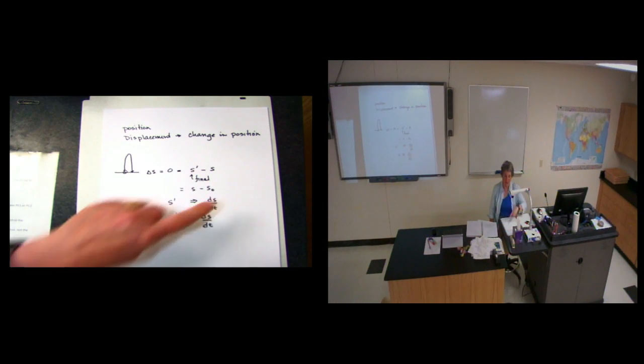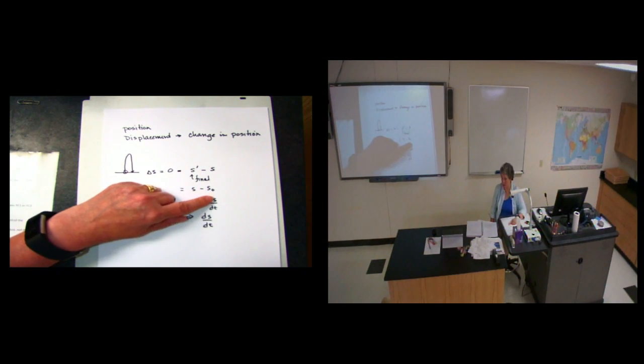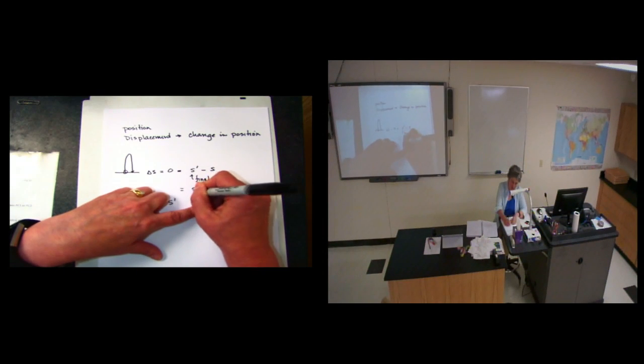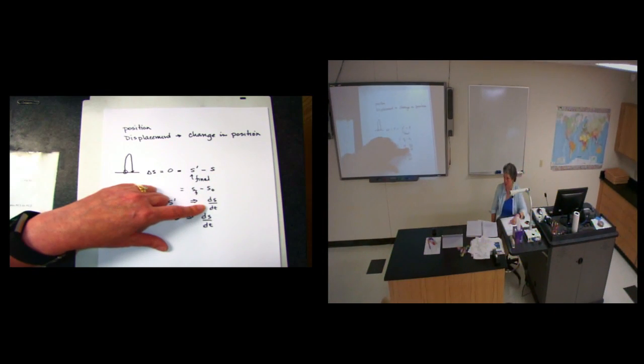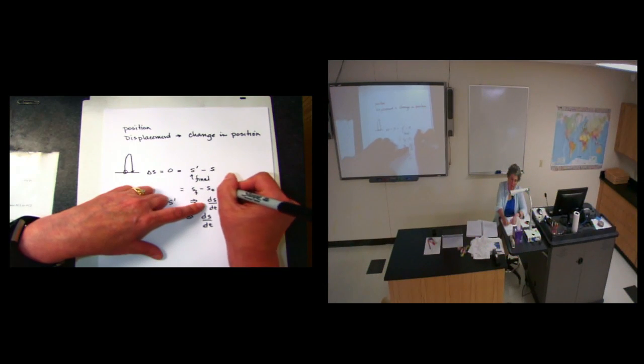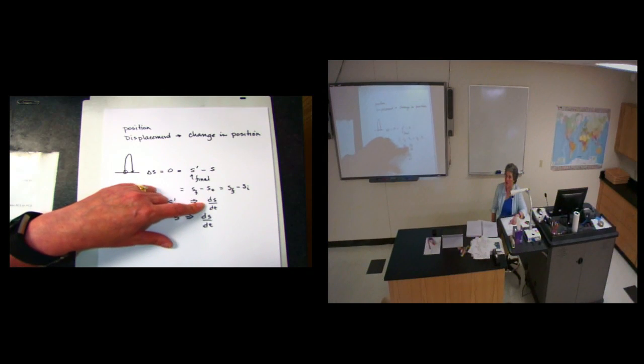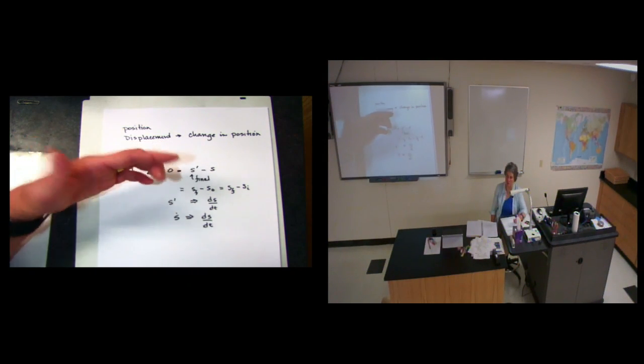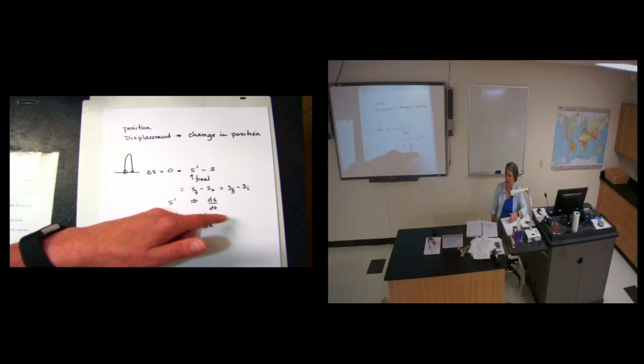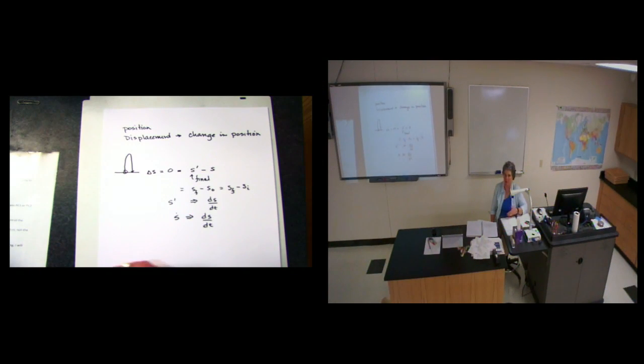So here we go. We're going to start with our change in position, and that's going to be my final minus my initial. We know that velocity is equal to a change in position with respect to time. And if I go ahead and use my calculus, I'm going to use my differential.